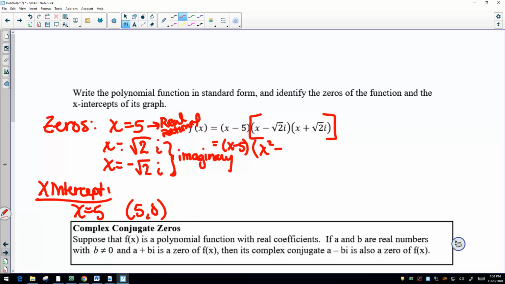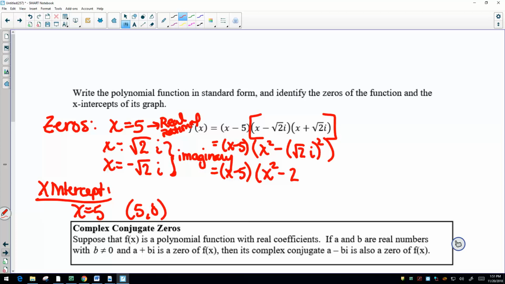Square root of 2i times square root of 2i. I'm just going to write this as square root of 2i squared for right now. Simplifying this a little bit, when you square something, remember it's like multiplying it by itself. So the square root of 2 times the square root of 2 is the square root of 4, which is really 2 simplified.